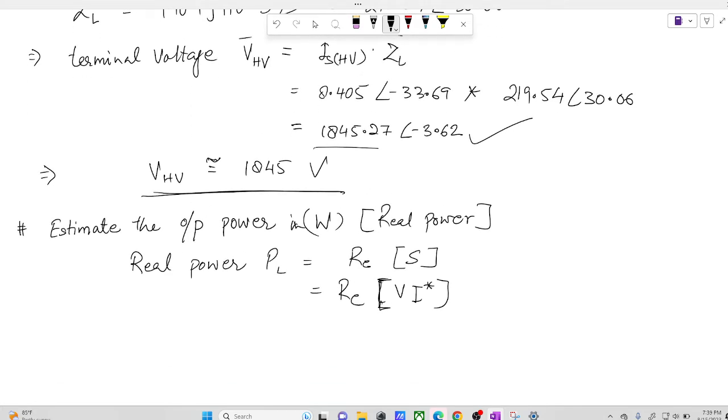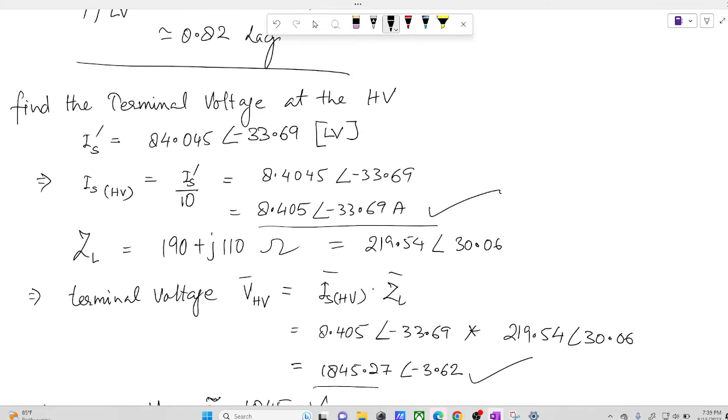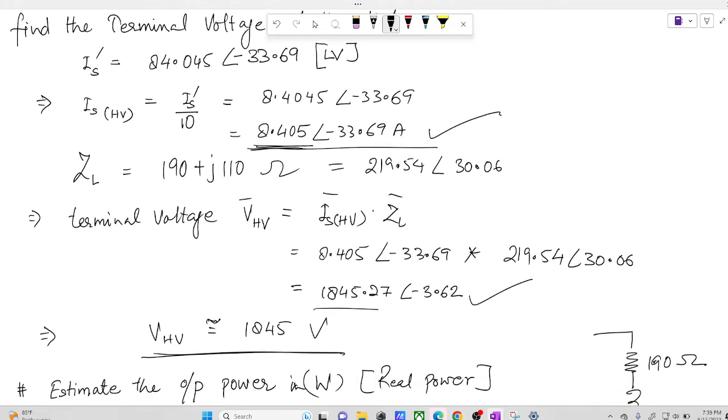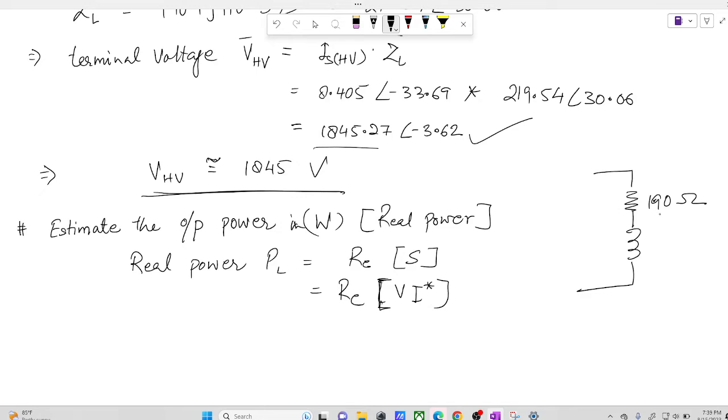The other way is, they have given that the load RL is 190 ohms, and you know the amplitude of the actual current flowing. So one way is you multiply IL square RL, PL is equals to IL square RL.